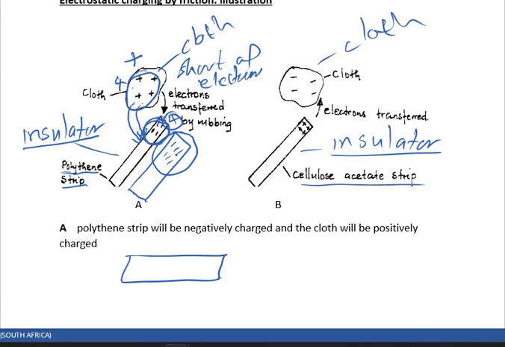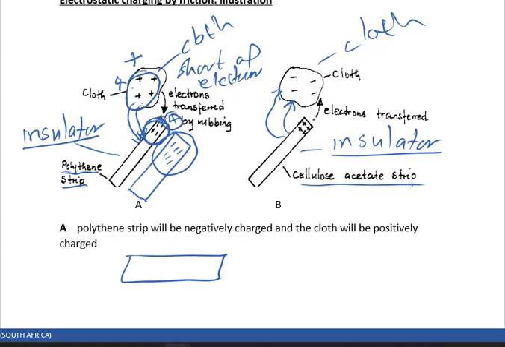So let's see now if we rub the acetate strip with a cloth, what happens? What happens is the negative charges are transferred from the acetate strip to the cloth. They are transferred to the cloth.